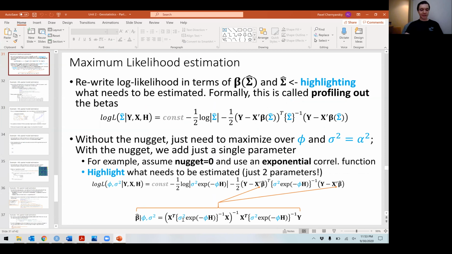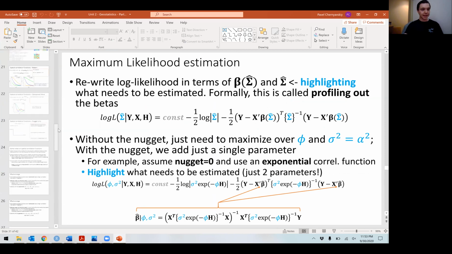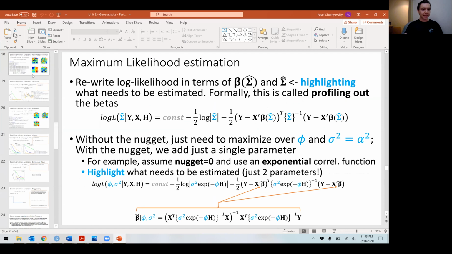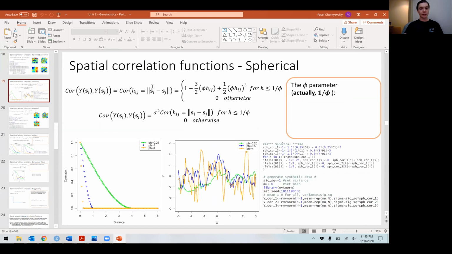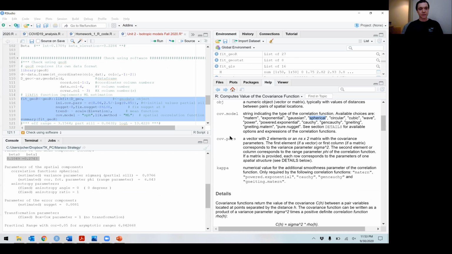So we're no longer estimating the exponential correlation function. We're now working with the spherical. So we should expect there to be a small change in the estimated coefficients.